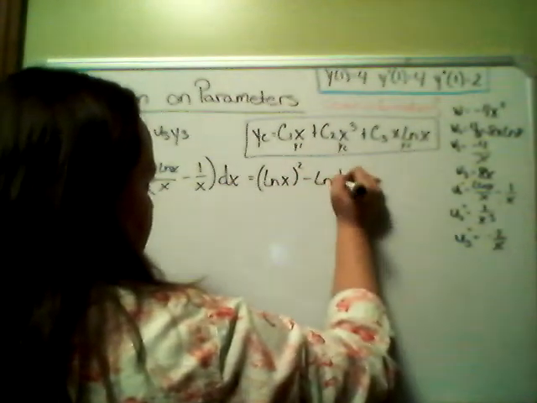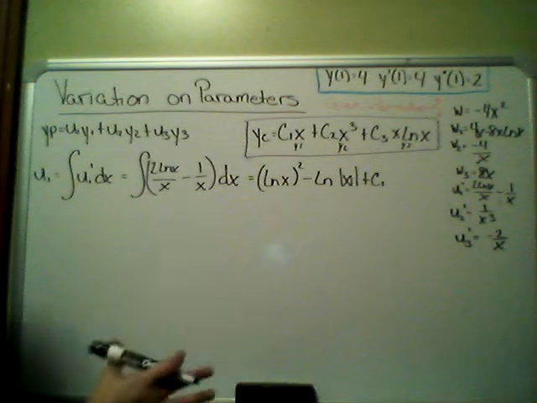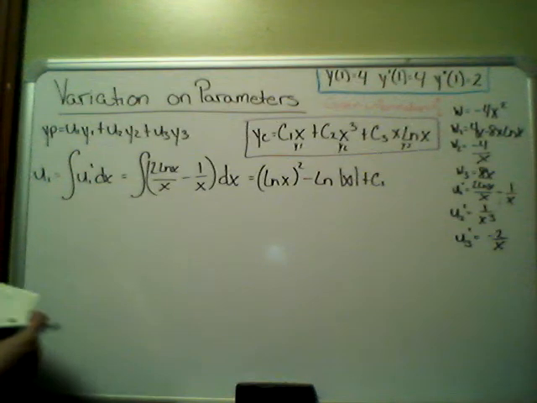Although the absolute value signs do drop out, I think it's kind of important to put them in here. This would be plus a c1. We won't use that later either because those are already accounted for in our complementary solution.